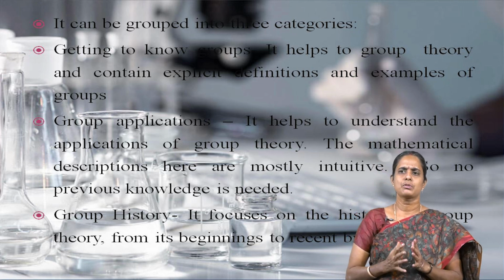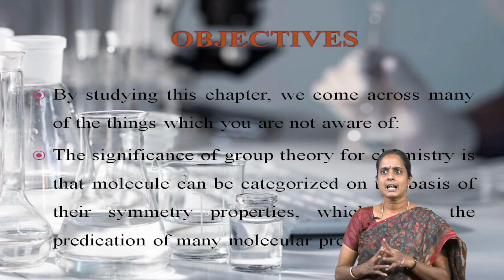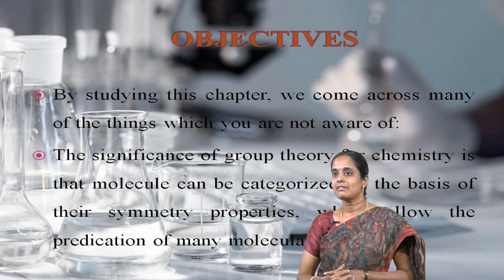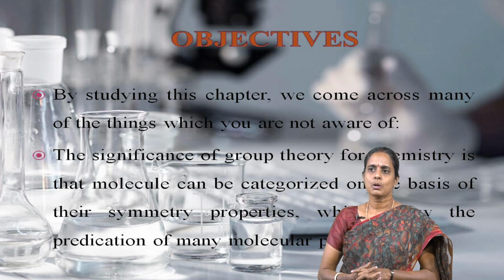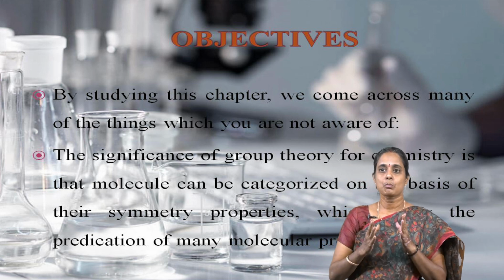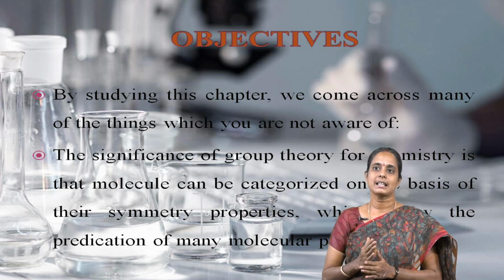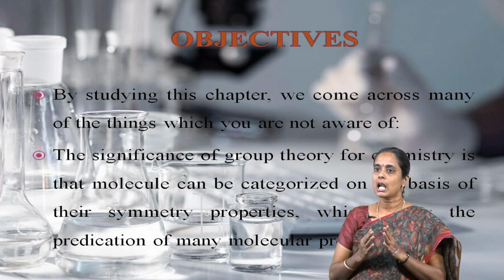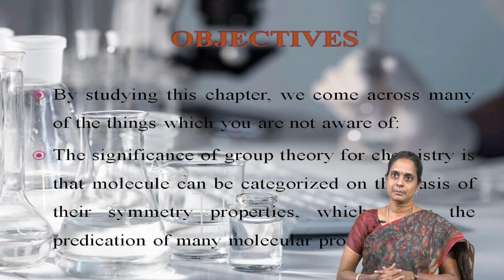So why do we need group theory? In this chapter, we come across many things which you are not aware of. The significance of group theory for chemistry is that molecules can be categorized on the basis of their symmetry properties, which allows the prediction of many molecular properties.